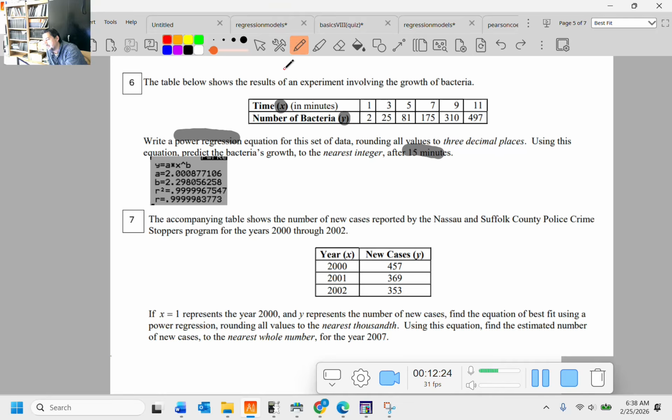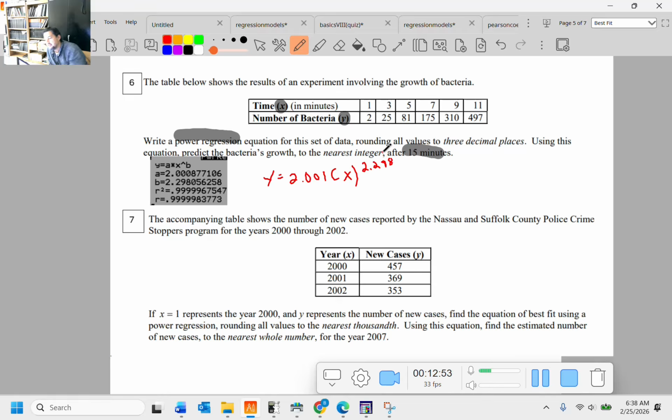So anywho, here's my equation. My equation is y equals, how do they want us? 3 decimal places, 2.001. We have an x. That x value is 2.298. And then it's raised to some b value. Oh, I did that backwards. Forgive me. Here's the x, and it's raised to the 2.298.